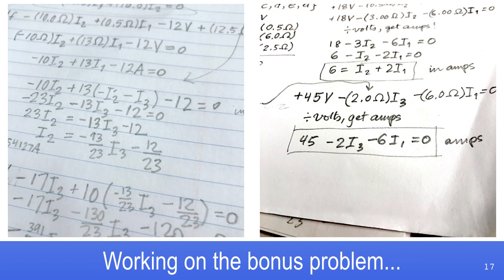Now, I worked this out a couple times to check my work. And here's the second one over here. This is the one with I3 and I1. And it's in here. And so you can see that you've got a lot better numbers up here, coefficients to I3 and I1.